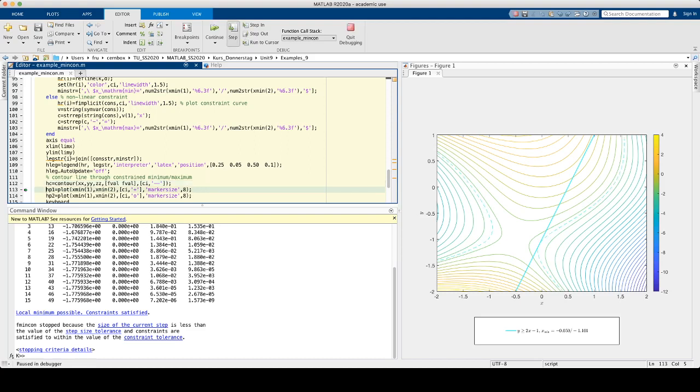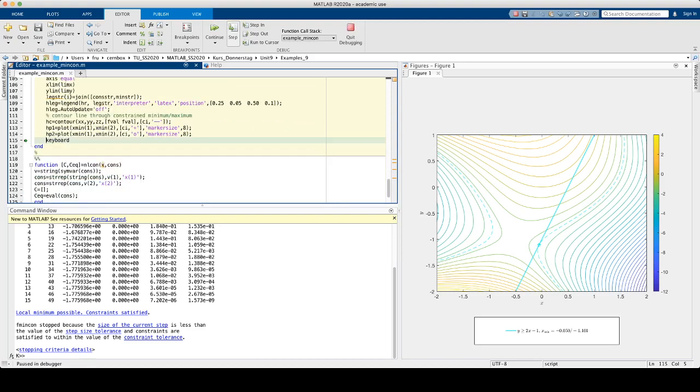We can also plot the solution itself and the contour line through the solution point. At the point of solution, the contour line must be parallel to the line that bounds the half plane.